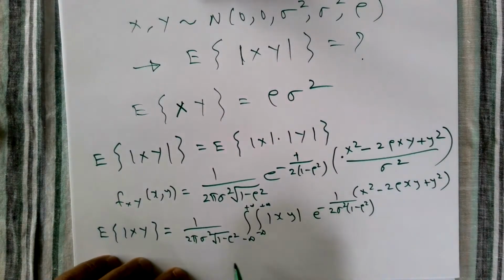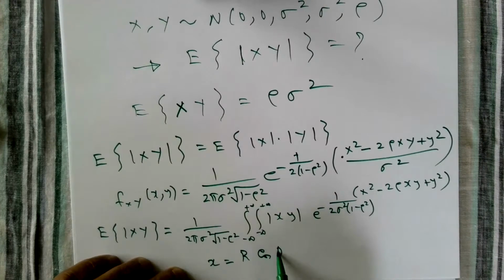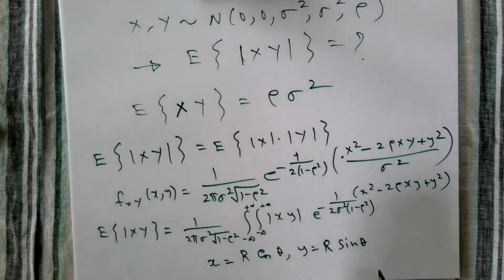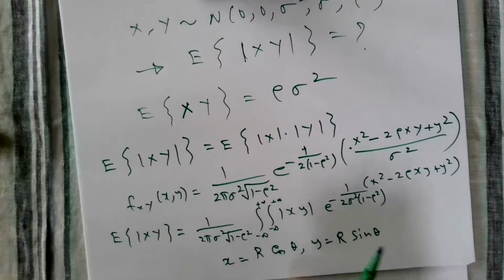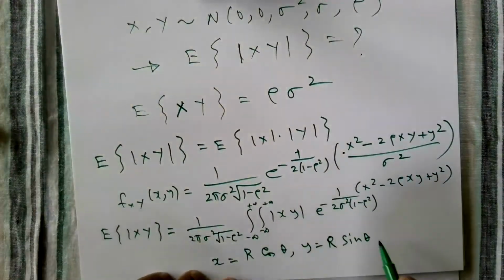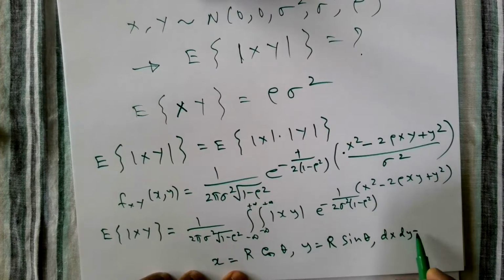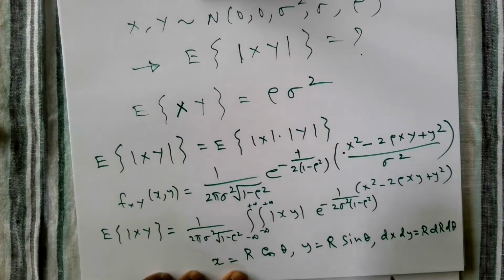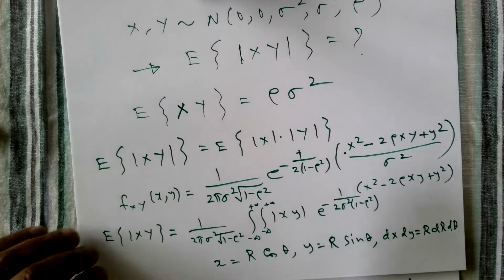Here I'm going to make a change of substitution, x equal to r cos theta and y equal to r sin theta. So dx dy would turn out to be r dr d theta, just the 2D Jacobian from a polar coordinate transformation.